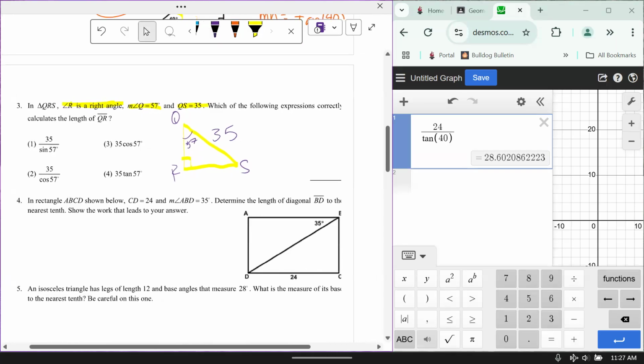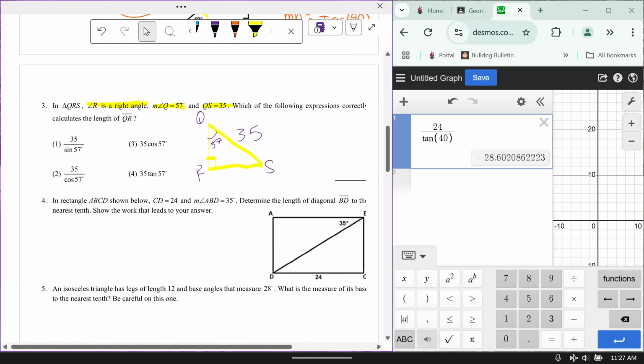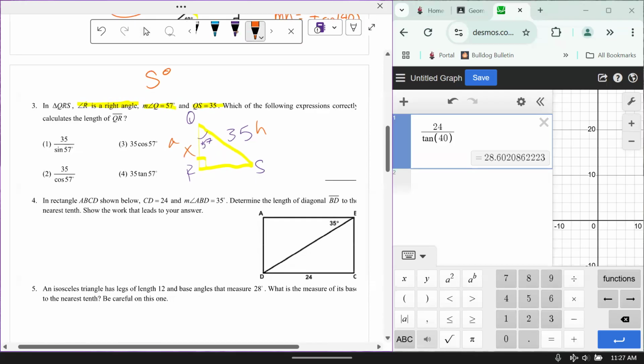Which of the following expressions correctly calculates QR? So we're looking for X right here. All right. So X would be adjacent to our 57. 35 is the hypotenuse. So adjacent and hypotenuse of SOHCAHTOA would be cosine. So cosine of 57 equals adjacent over hypotenuse.